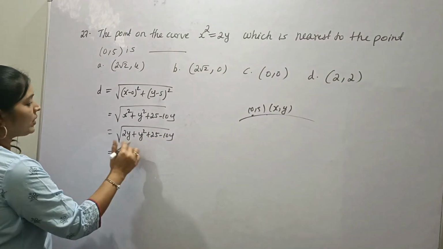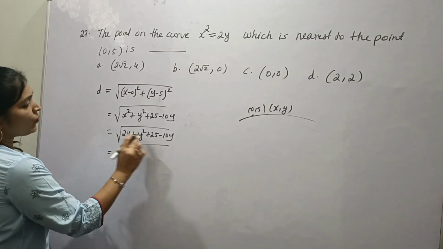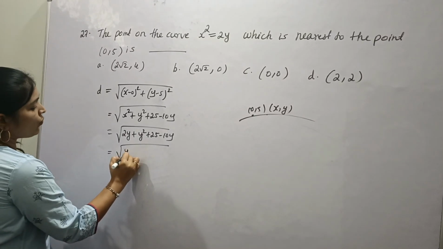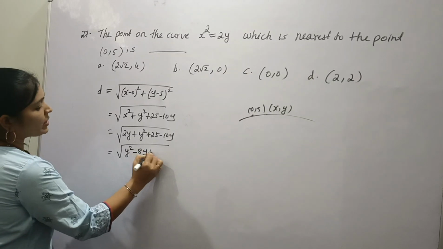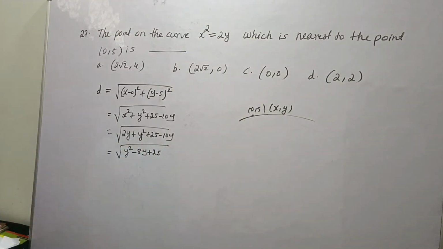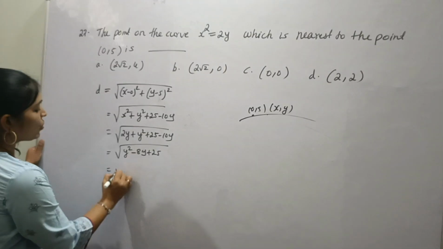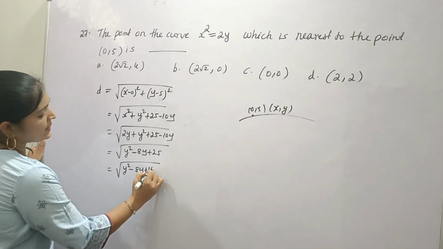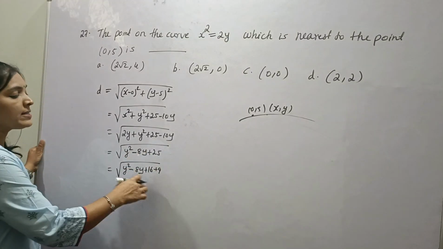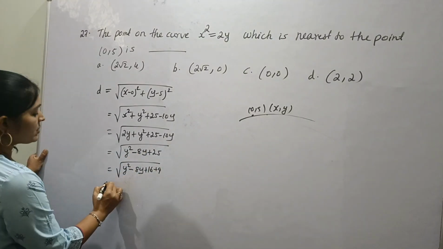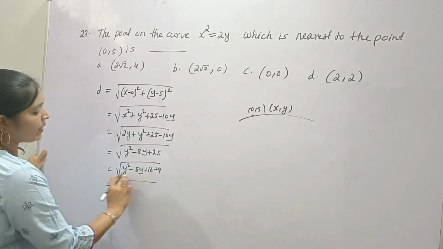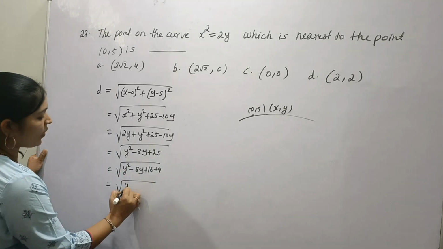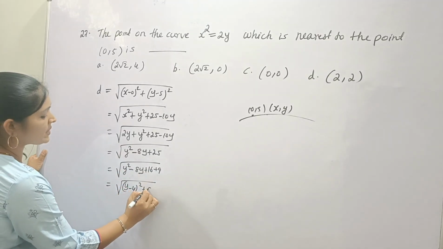Here 2y minus 10y is minus 8y, so root of y square minus 8y plus 25. 25 can be written as 16 plus 9, so root of y square minus 8y plus 16 plus 9, which is nothing but y minus 4 whole square plus 9.